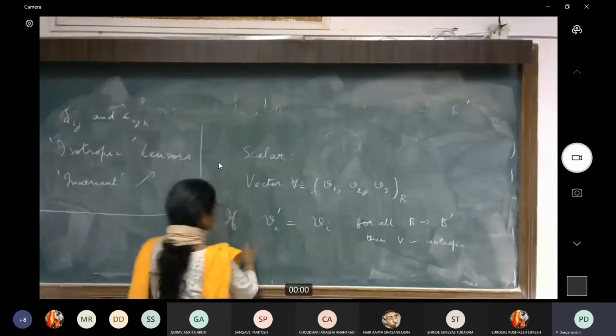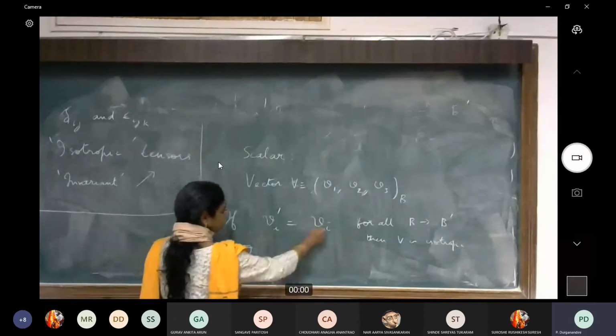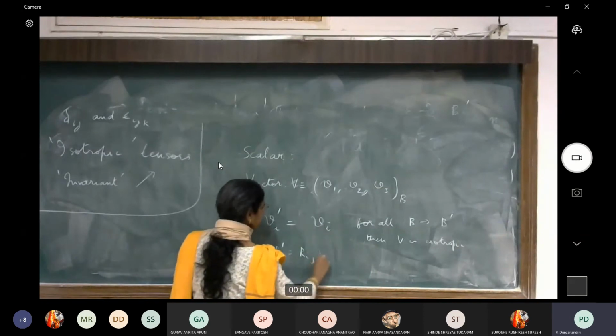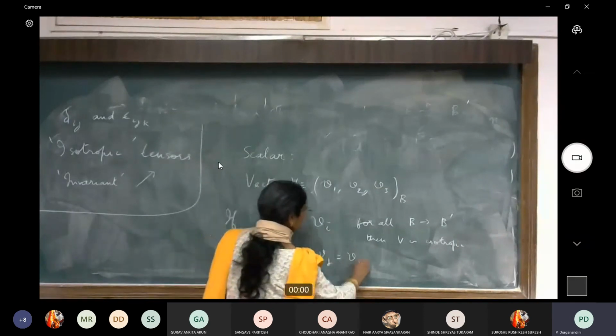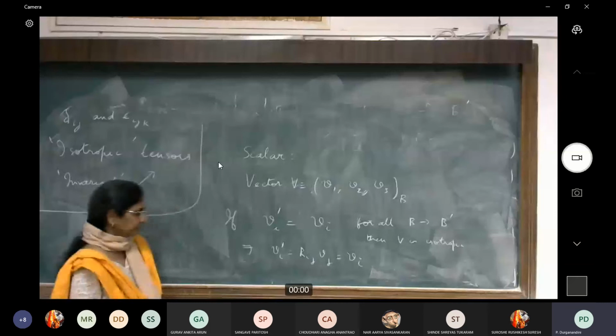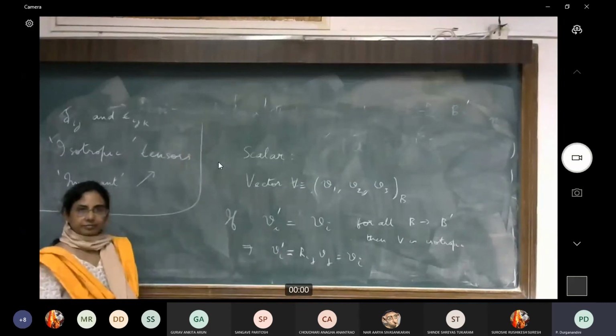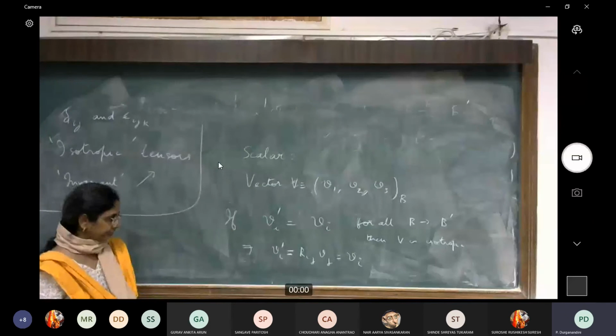What this means is that vi prime is related to this in the following way: vi prime should be equal to Rij vj, and this should be equal to vi. Agreed?